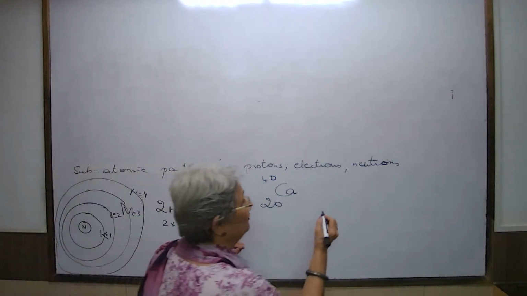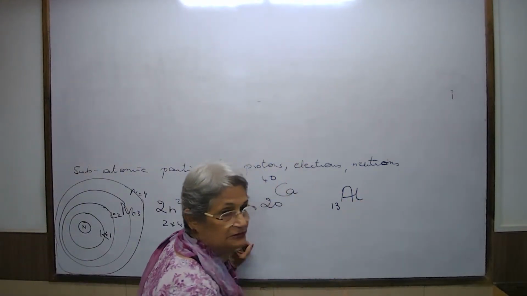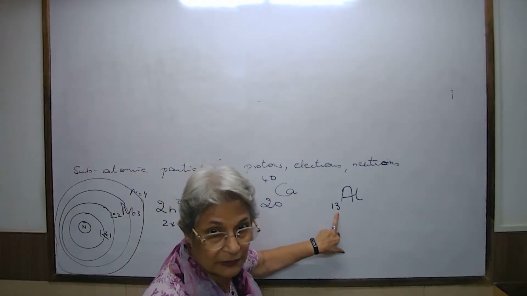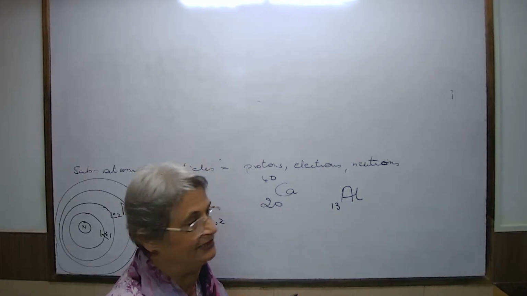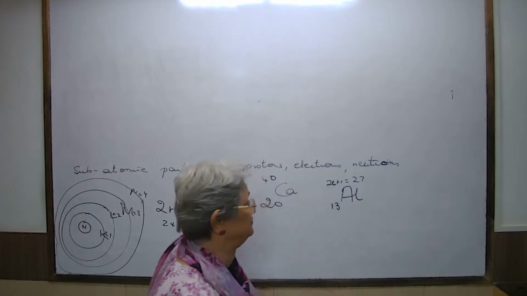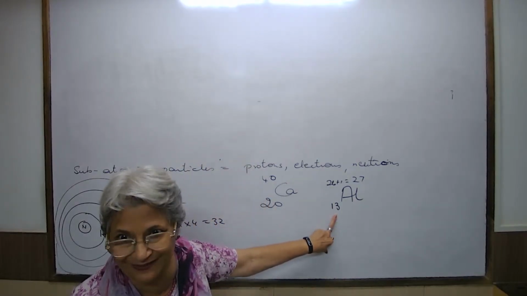If the atomic number is 13, if it is odd, it is multiplied by 2 plus 1. That is 26 plus 1 is 27. If it is odd, it is multiplied by 2 plus 1.